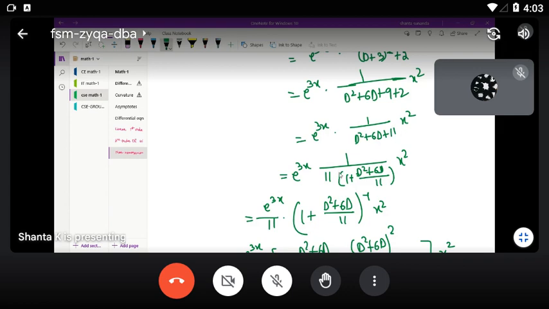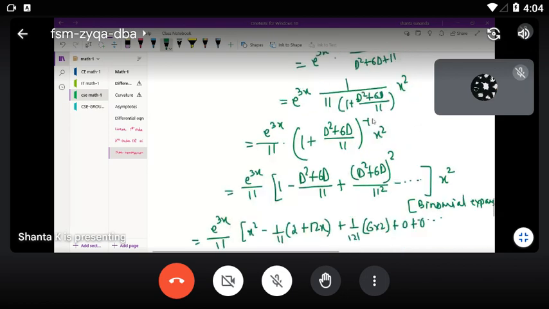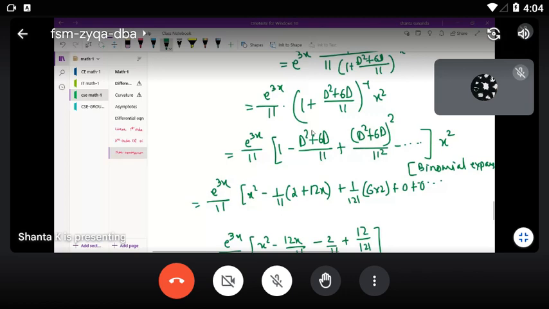So we will take 11 common and now we have 1 plus this term, which will be x kind of thing. So 1 plus x and here minus 1. It is actually for 1 minus x, so minus of this one. So there will be an alternating series here.